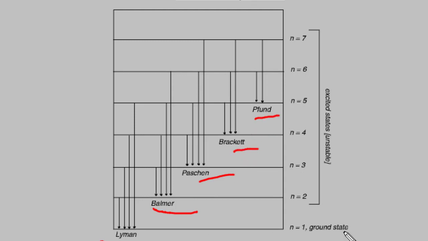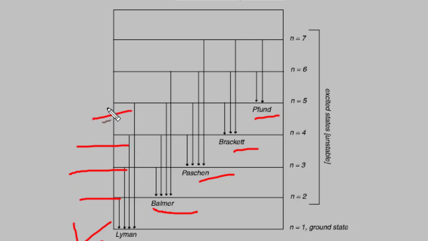For the Lyman series, the base state is energy level 1. What it means is that when the electron goes from a higher energy state to energy level 1, that is called a Lyman series. Here you can see these three lines, 1, 2, 3, and the fourth line as well.